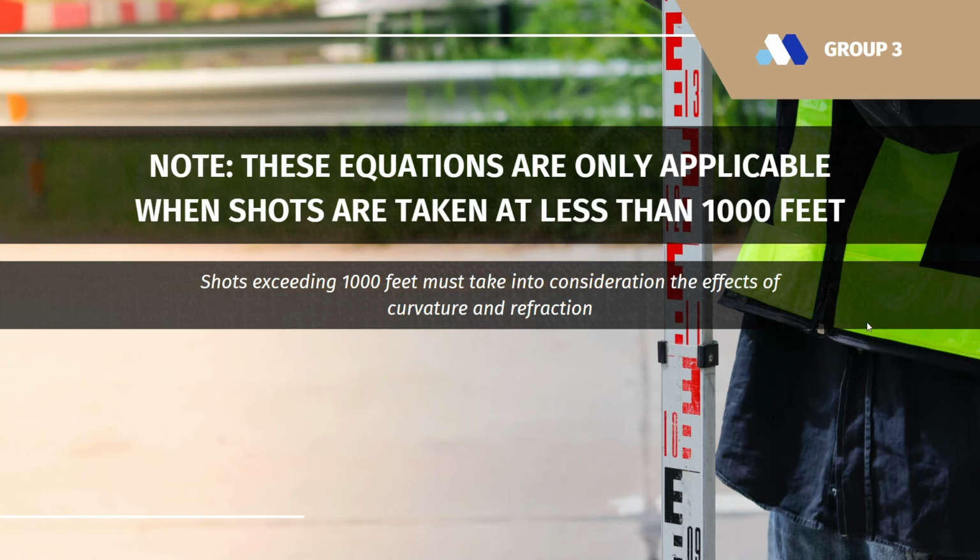But it is important to note that these equations are only applicable when shots are taken at less than 1,000 feet. Shots exceeding 1,000 feet must take into consideration the effects of curvature and refraction, meaning we won't be able to use the mentioned formulas.